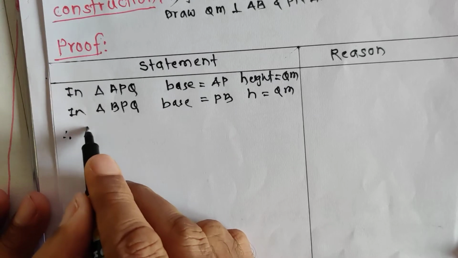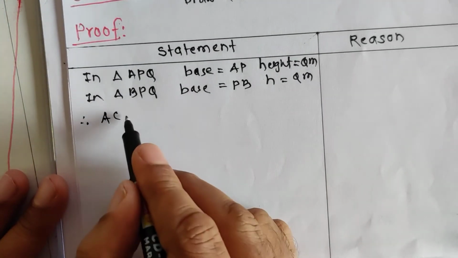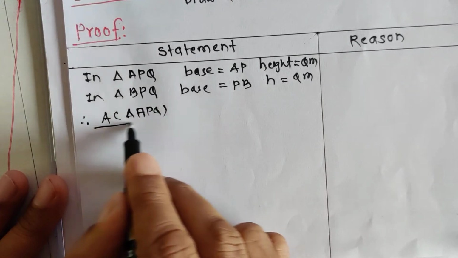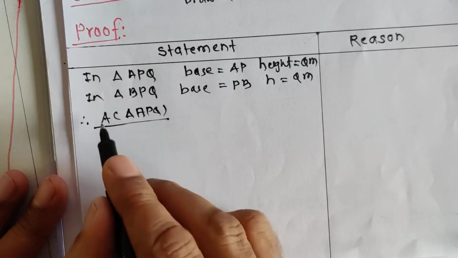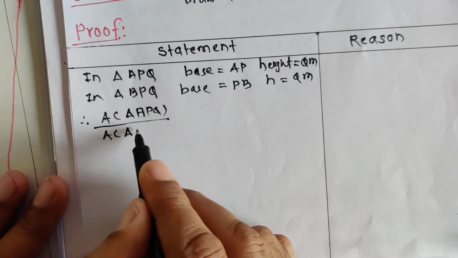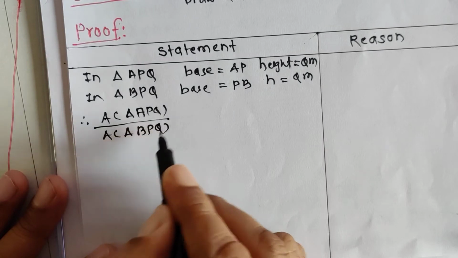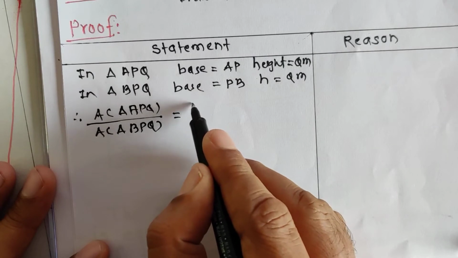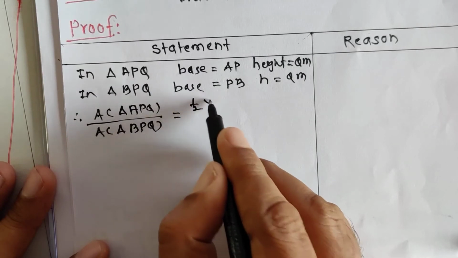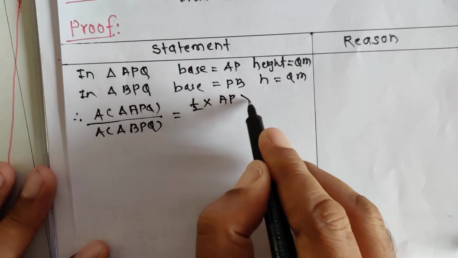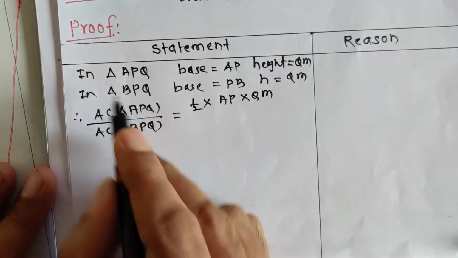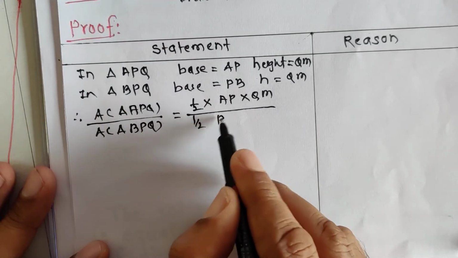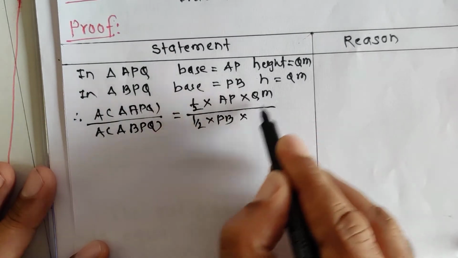Therefore we can write our first point: area of triangle APQ divided by area of triangle BPQ is equal to half into AP into QM, divided by half into PB into QM.